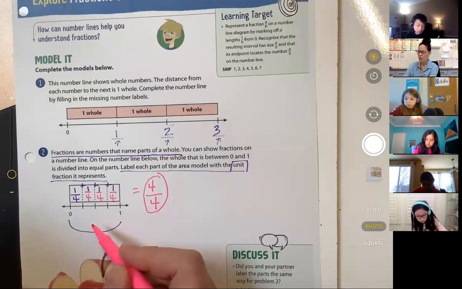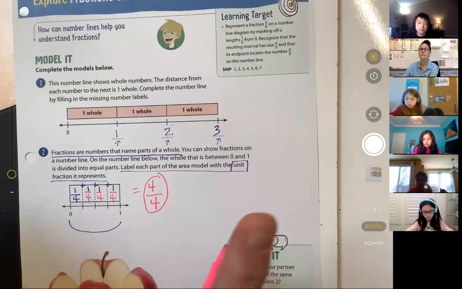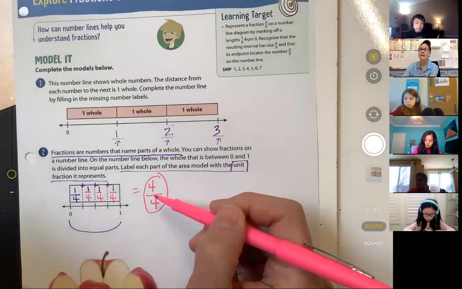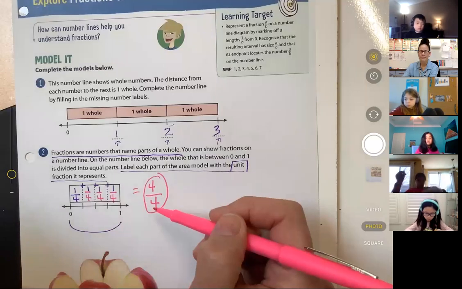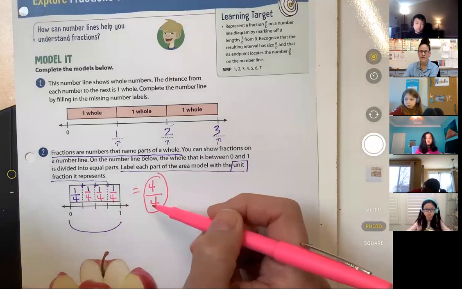How do we know when a fraction equals 1 whole? It is when the numerator and the denominator are the same. When they are exactly the same, you have described 1 whole.